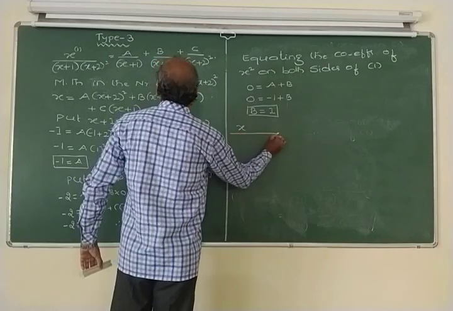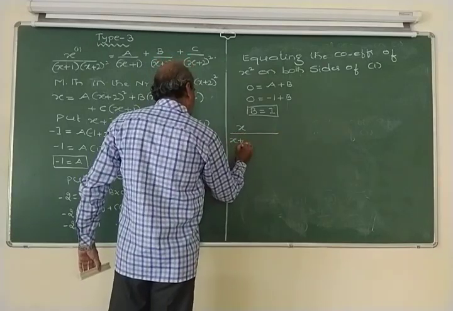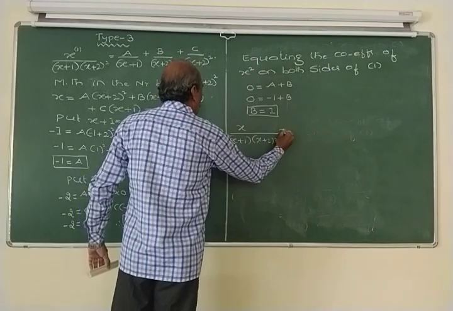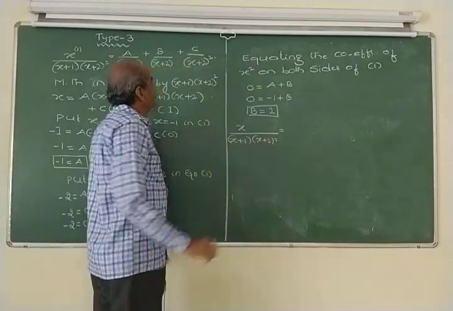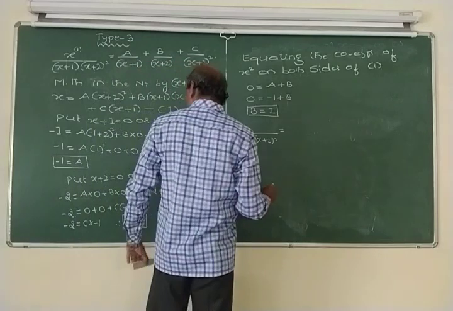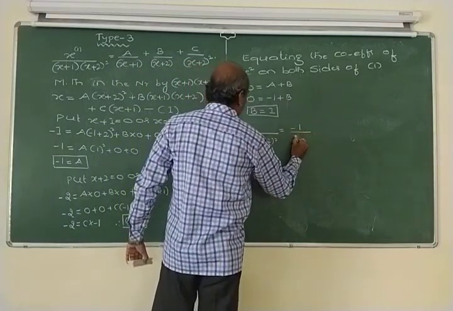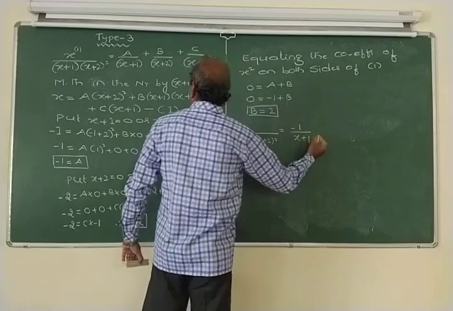X divided by x plus 1 into x plus 2 the whole square is equal to a. The value of a is minus 1, so minus 1 divided by x plus 1.